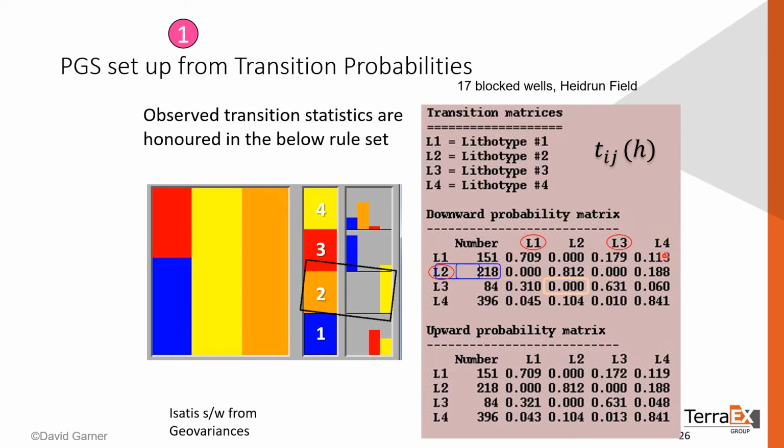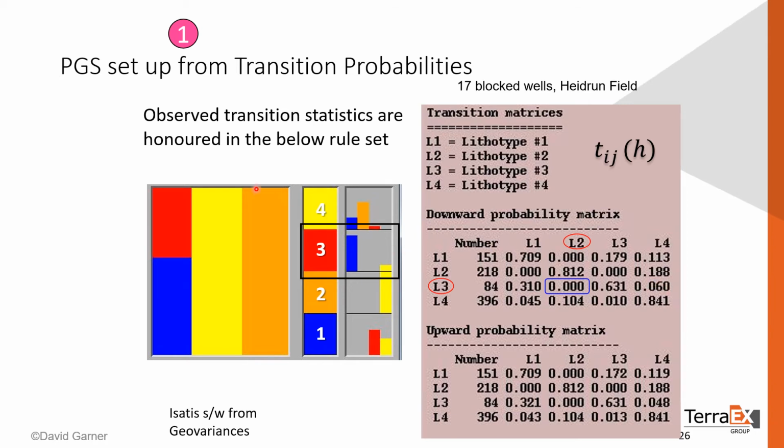Then we have facies number 2, and that's orange. It does not transition into 1 or 3, into red or blue, only into yellow. And then facies 3, the red, transitions into 1 itself, and a little bit into the yellow.